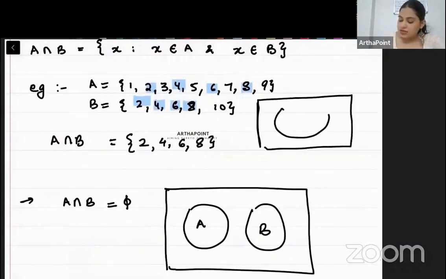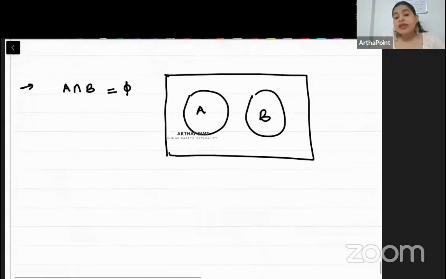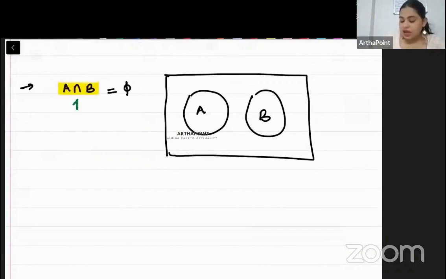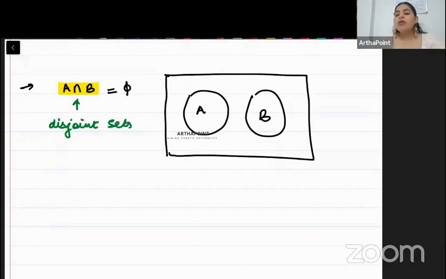This is A, this is B, and I have common elements 2, 4, 6, 8. So I have common between A and B. But suppose I don't have anything common between A and B, then beta in that case, A and B are known as disjoint sets. So when you don't have anything common between A and B, then they are called as disjoint set.